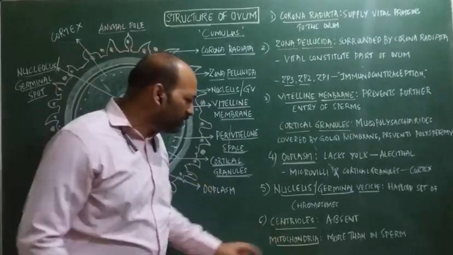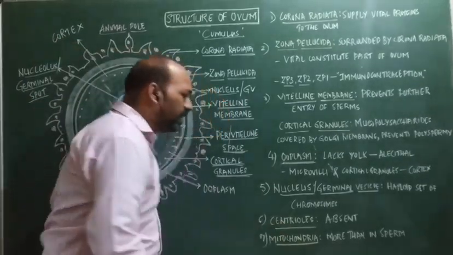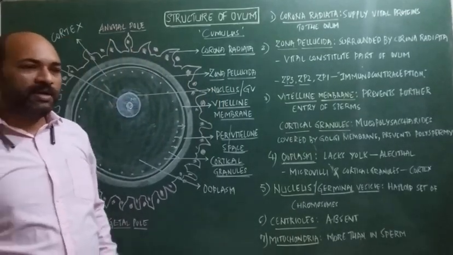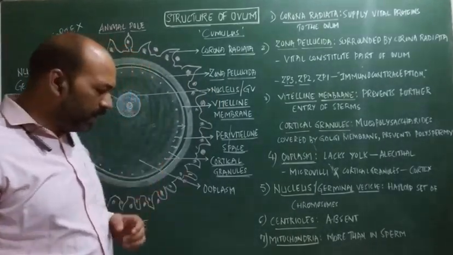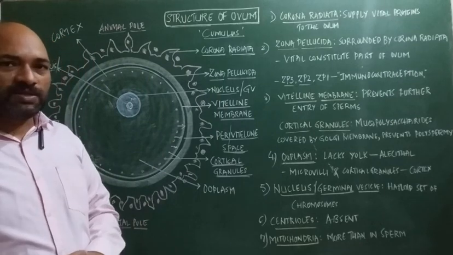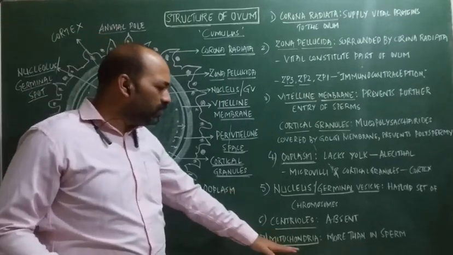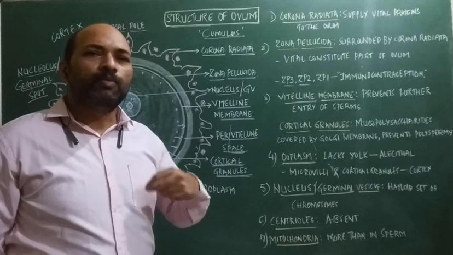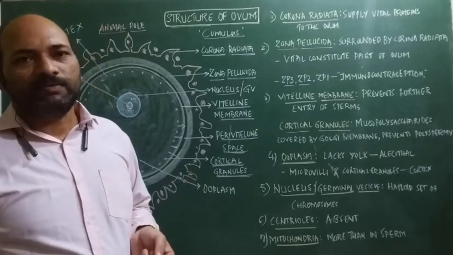And thereafter is the last part, called mitochondria. Mitochondria, as you know, are the powerhouses of the cell. Here mitochondria are more in number when compared to that of the sperm.